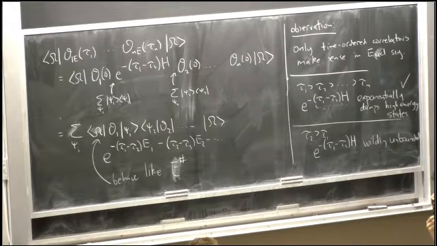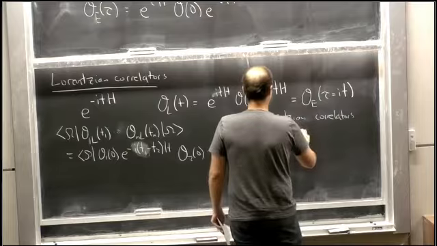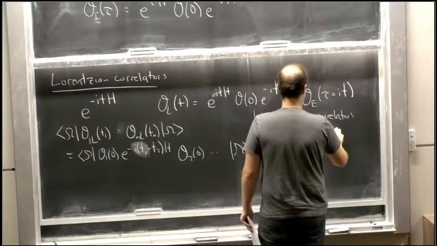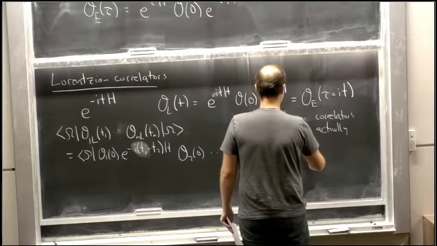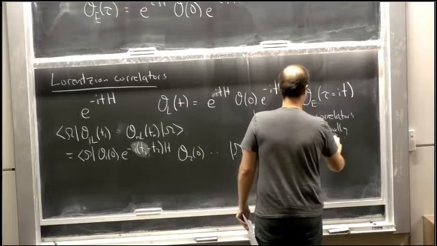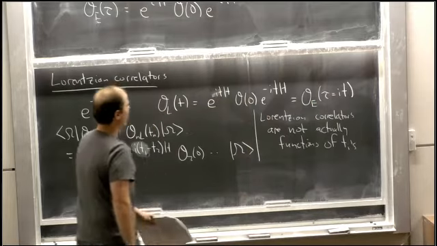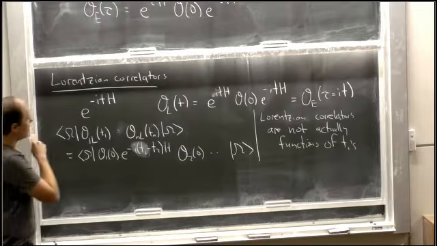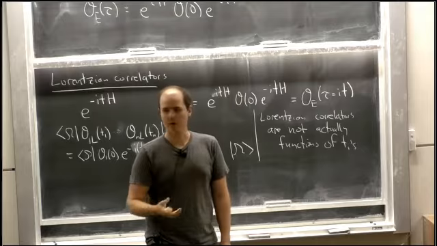So Lorentzian correlators are not actually functions of the times. You need to do something to them to make the sum over high energy states converge before you get a well-defined object.